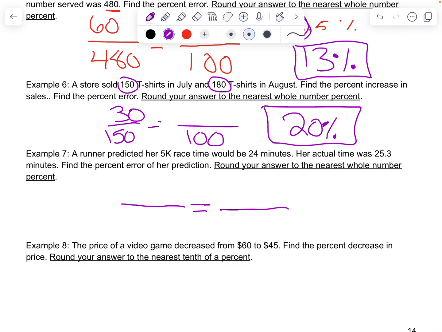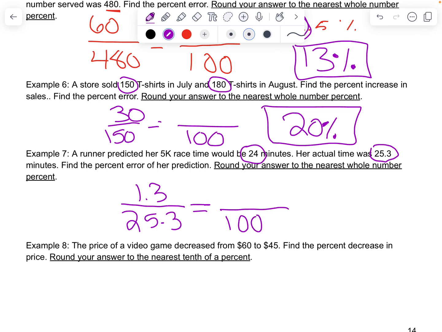So percent error, the change is going to go on top. So the change from 24 to 25.3, subtract them, is 1.3. And the bottom, when we're doing percent error, is the correct amount. So what she actually got, which was 25.3. 100 on the bottom.